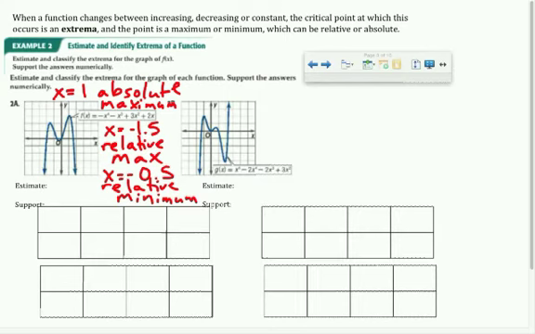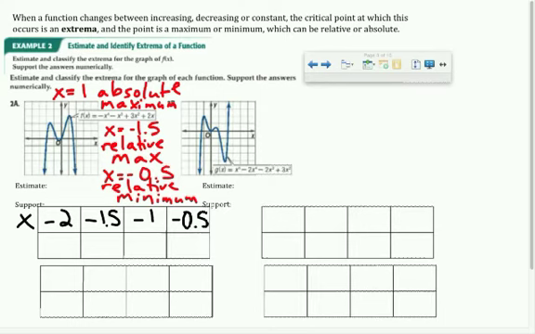So I've made my estimates, and I'm being asked to support that. So numbers that are close to -1.5 might be -2. Since I've got another relative extrema at -0.5, let me go ahead and plug in -1 as well as that -0.5.